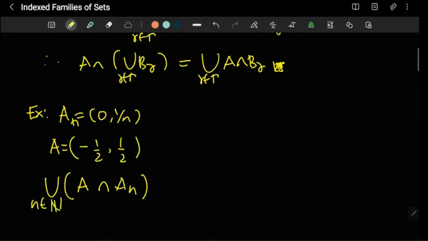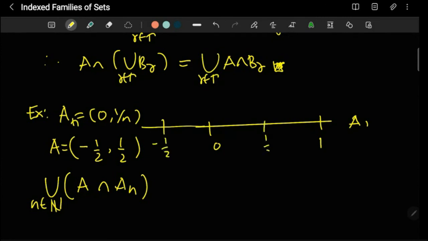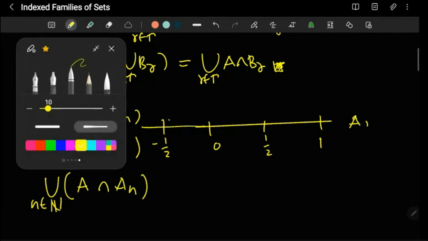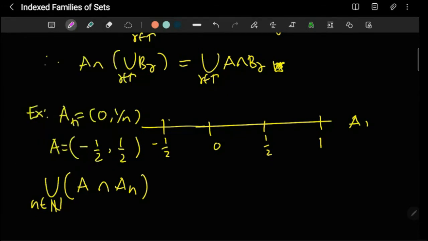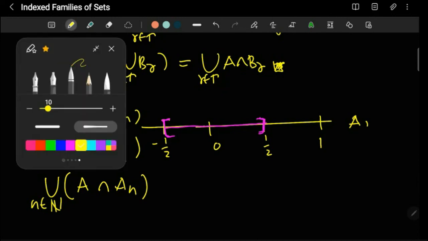So what happens is this. Let's say A1 is 0 to 1. So that's A1. And then we have negative 1 half up to 1 half. So this on the other hand is our A. So A is fixed. So what's A1 intersection A?